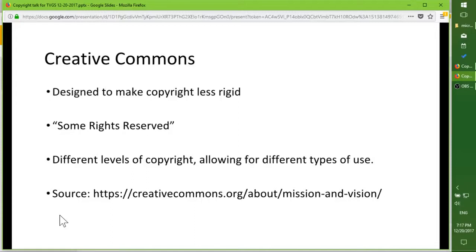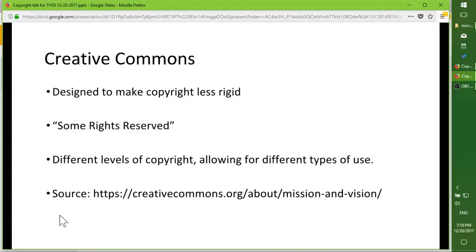So there's a lot of money tied up in some, I want to say assets, but that's not quite the correct term, some intellectual property. And so that's one of the reasons why copyright's so complicated.